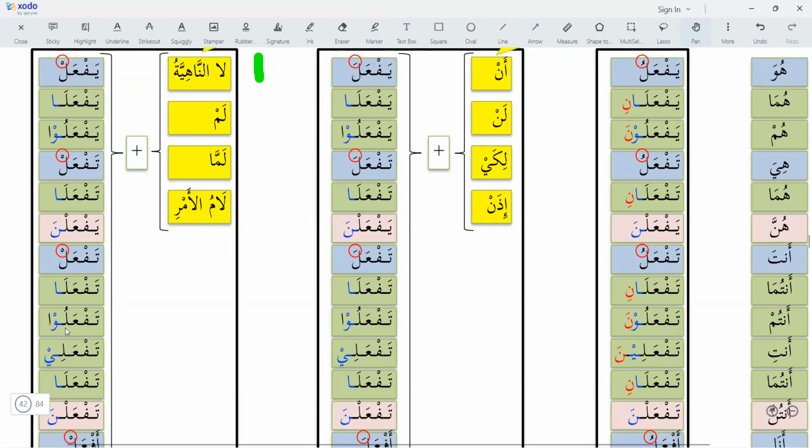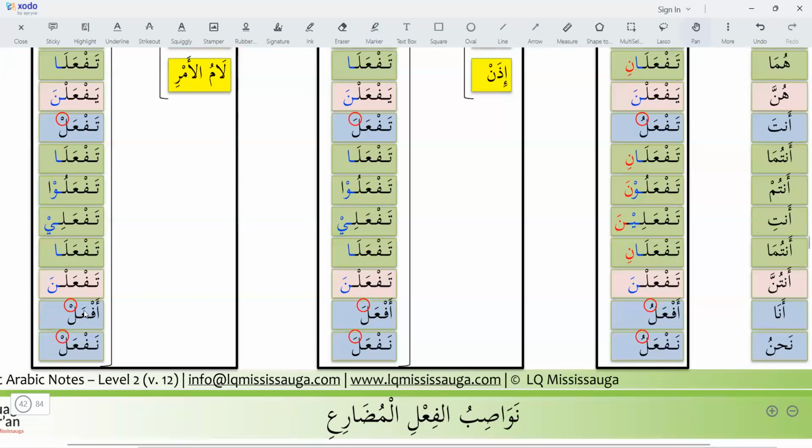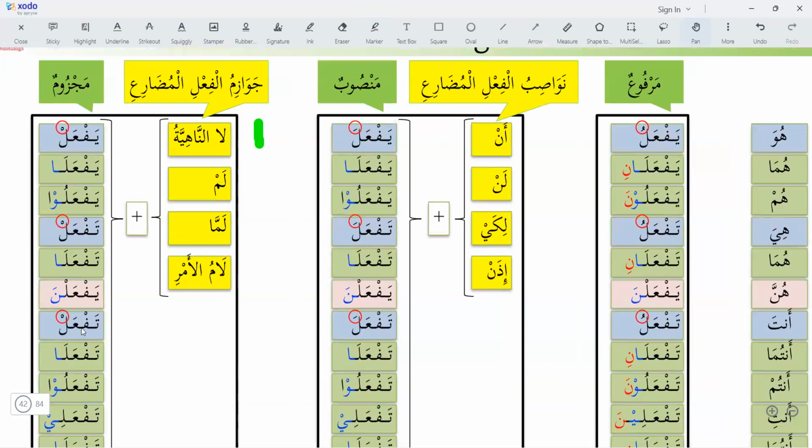Taf'ali, we deleted the noon from taf'alina. Taf'alani, we deleted the noon here. Then taf'alna is mabni. Af'alu changes into af'al. Naf'alu changes into naf'al. So there are four particles that give mansub to the verb, and four particles that give majzum to the verb in fi'l mudare.